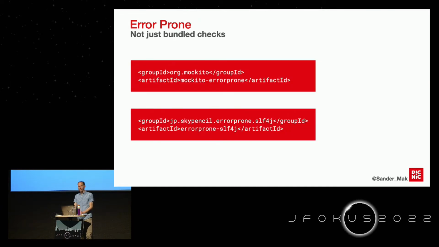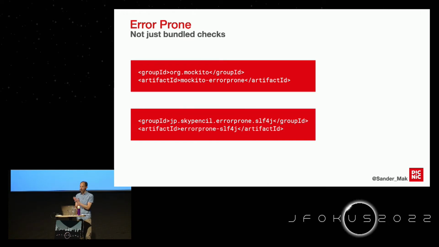The interesting thing is that these bug checks that we saw so far, they all come out of the box if you use this error-prone plugin that I've just shown. But there's actually a whole ecosystem around this where you can also add additional jars to your annotation processor path containing other checks provided by the community.